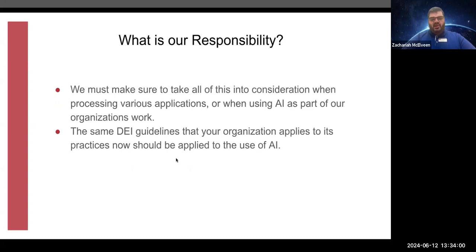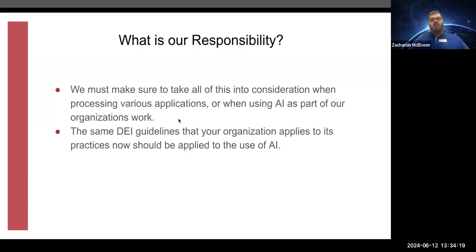So, what is our responsibility? We have to take into account that if we choose to use AI in our workplace, for instance, if we wanted to use it in the hiring process, we need to take some of these biases into consideration.